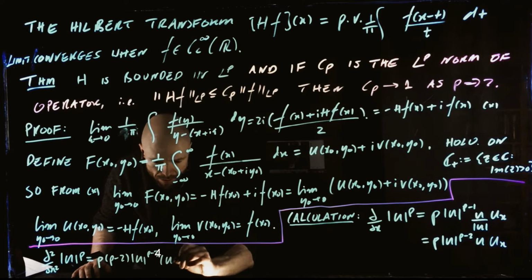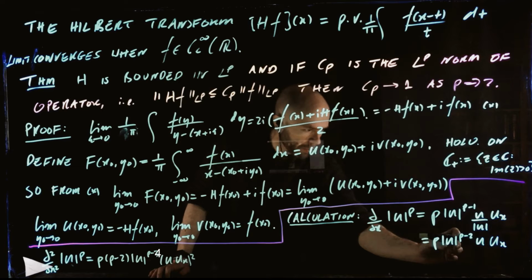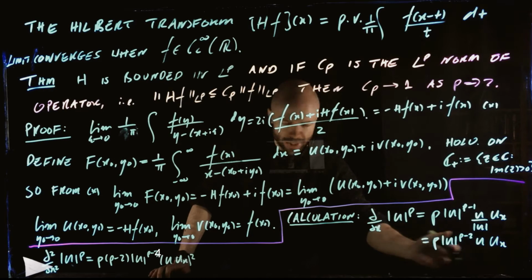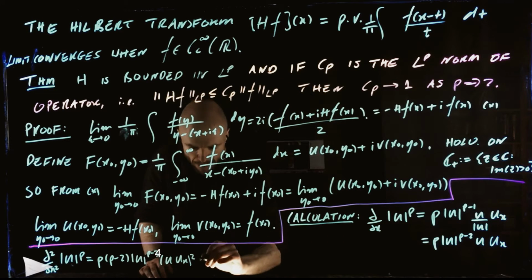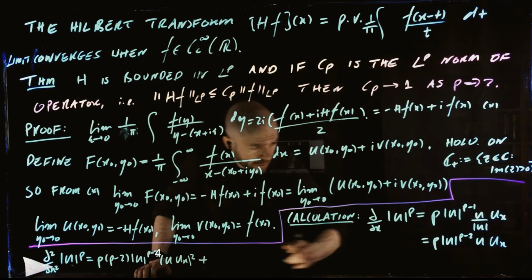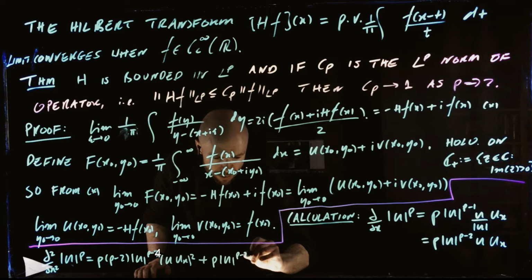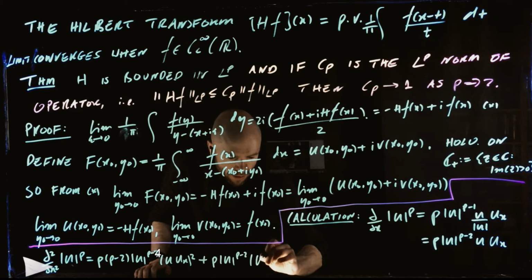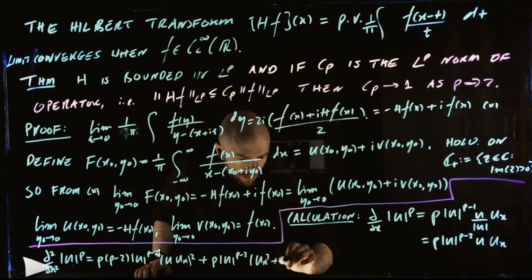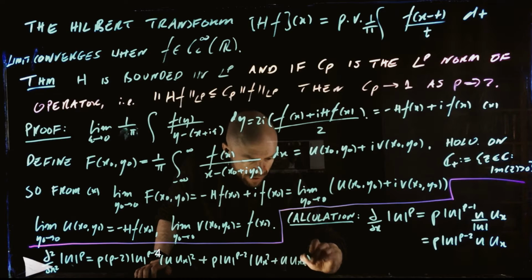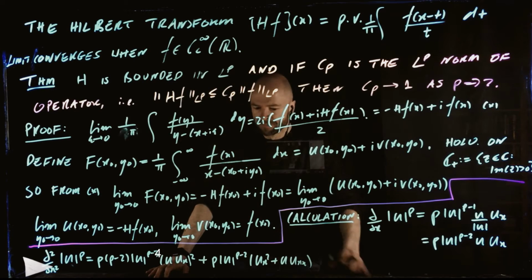We're going to have now u and then u of x squared, because when we apply the chain rule to this thing, we're going to get these two guys coming out again, right? And now we apply it to this stuff. So we're going to have p u to the p minus 2, and then we're going to have u of x squared, and then u of x, like this. Yeah? Everybody happy?